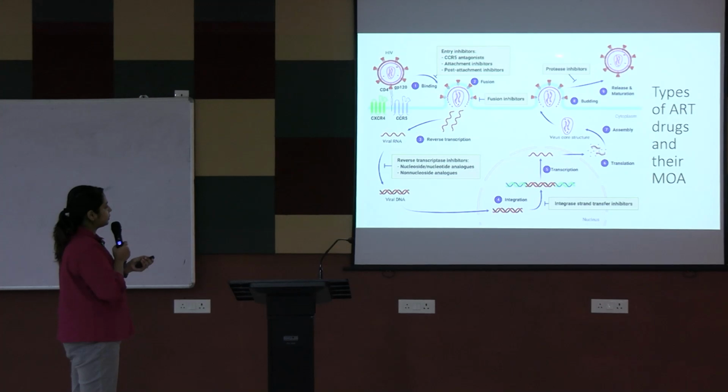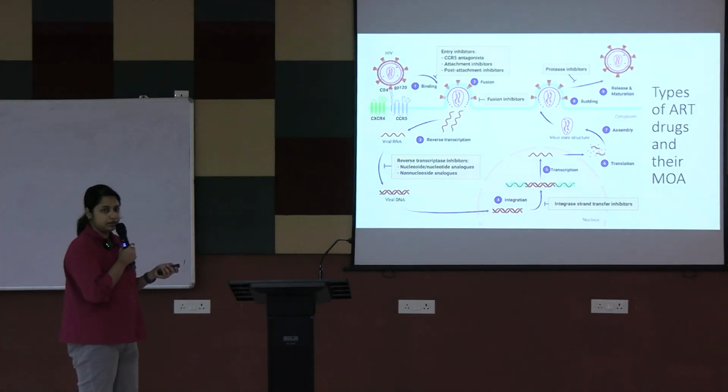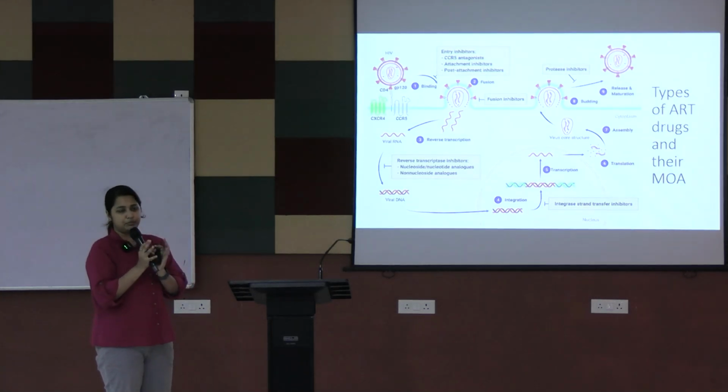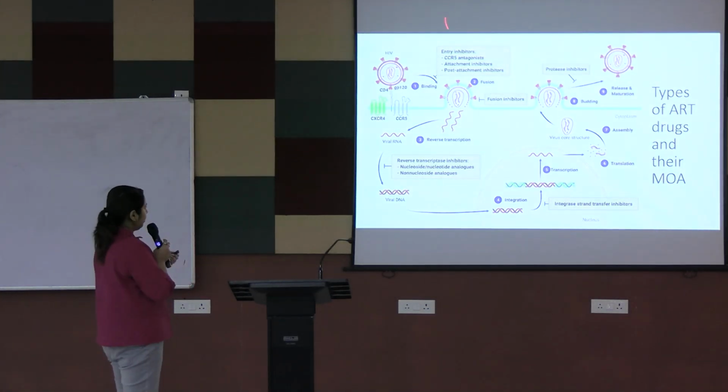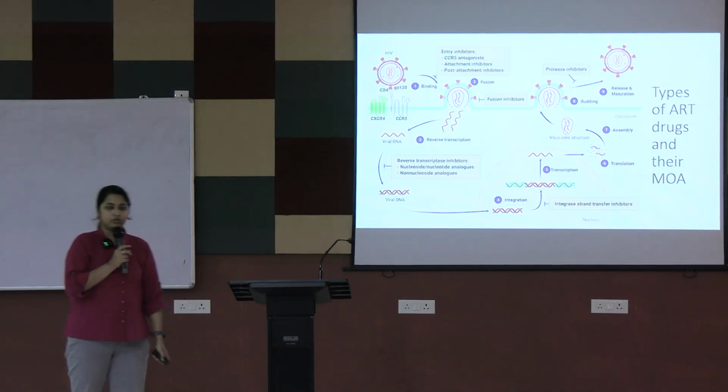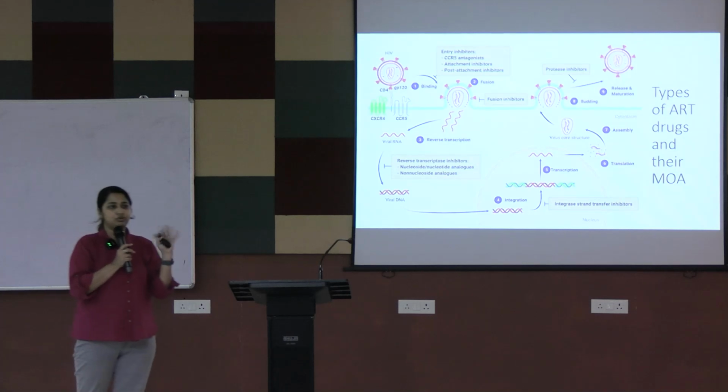So here you can also give the protease inhibitors to prevent this assembly or replication, the final stage of replication of the virus. So in all these phases, there are entry inhibitors, here you can give fusion inhibitors, then reverse transcriptase inhibitors, integrase strand transfer inhibitors and protease inhibitors. In all these phases there are drugs you can give. So in combination you need to give these drugs.